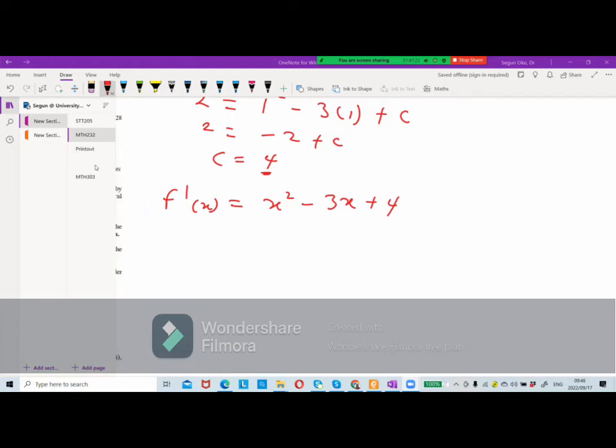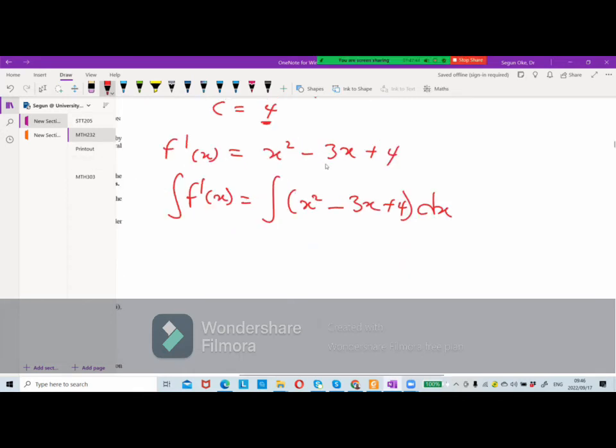So we continue by saying, what you need to do, you perform the second operation to integrate. Integrate f prime of x equals to integral of x squared minus 3x plus 4 dx. So what do we have here?